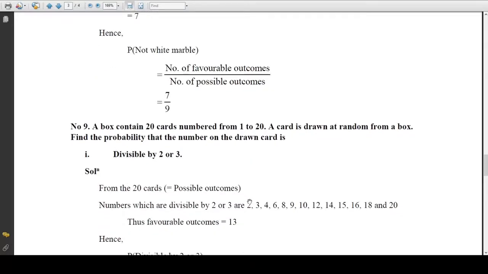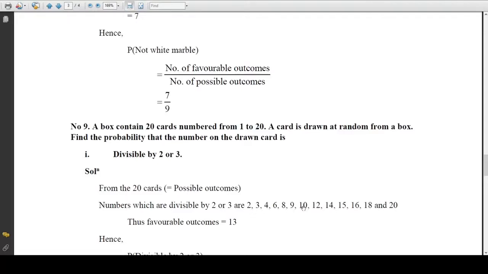Numbers divisible by 2 or 3 are 2, 3, 4 divisible by 2, 6 divisible by both 2 and 3, 8 divisible by 2, 9 divisible by 3, 10 divisible by 2, and so on till 20. Now you count how many cards you can divide by 2 or 3.